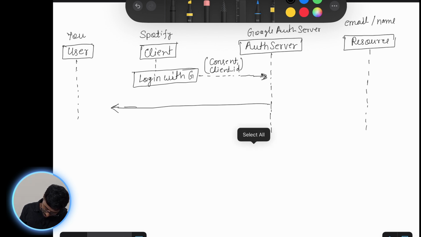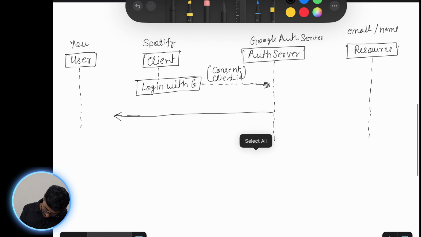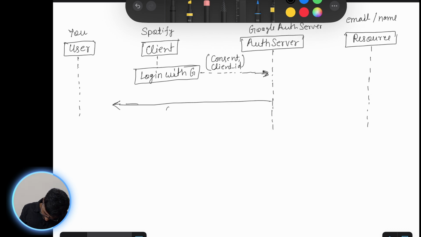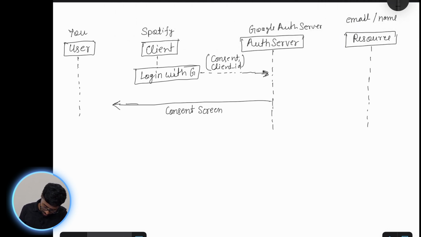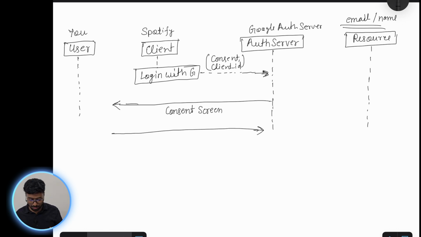The Google auth server will show a consent screen to the user. Now the user will see this screen saying that Spotify wants to access this email and name, should I allow? The user will know that they had requested to log in with Google, so that's why this request is coming. So the user will say okay, yes, I allow.